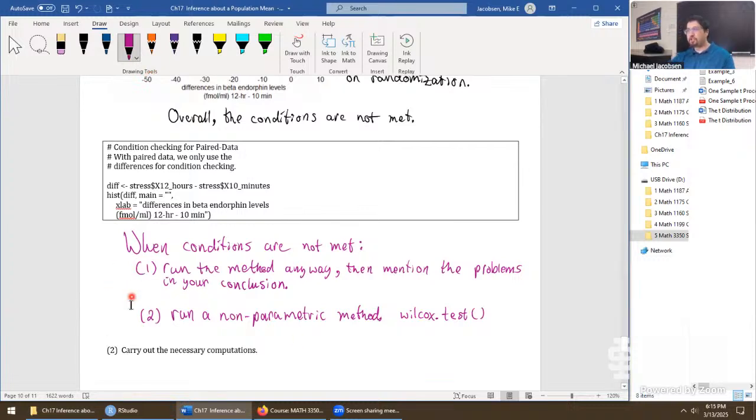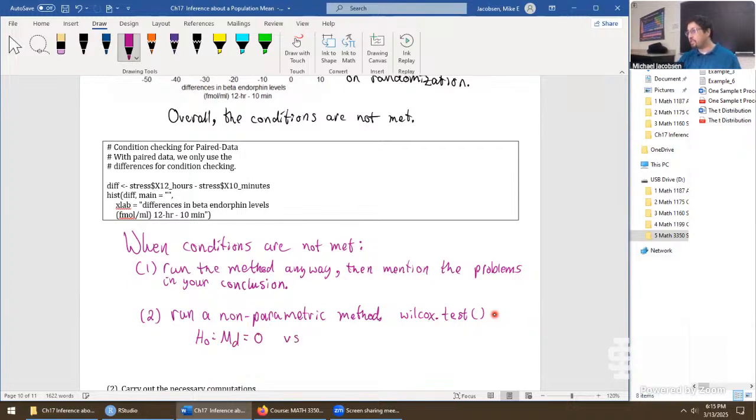And in this problem, I want to show both methods just so that we can get a feel for how either one of them goes. And a downside with the non-parametric method is that you are testing H naught, M as in the median, for the difference in the data is 0, versus HA, M, the median of the data, not equal to 0.